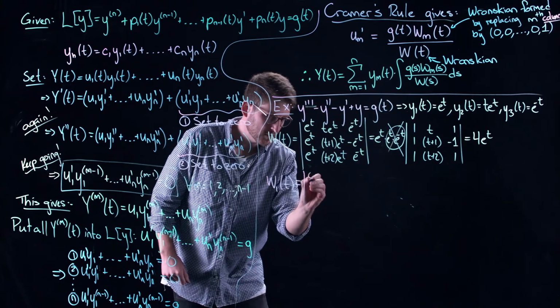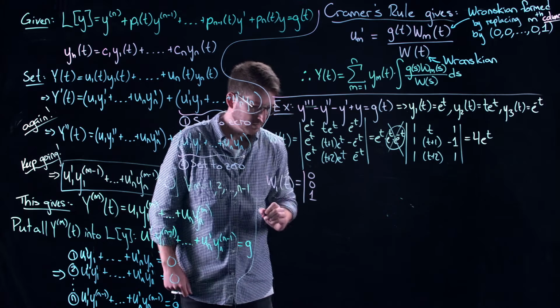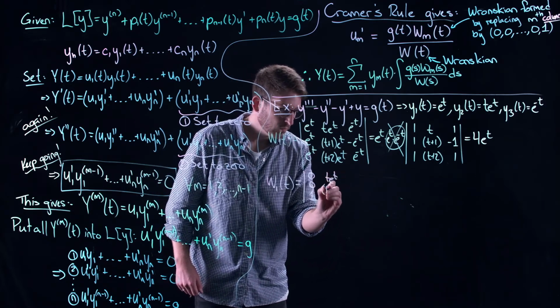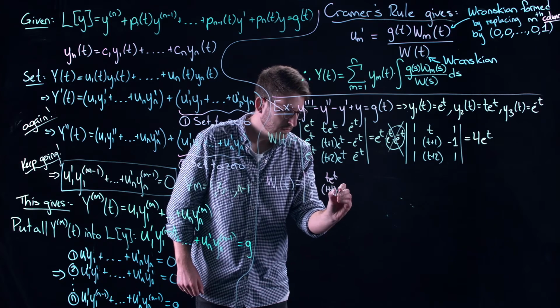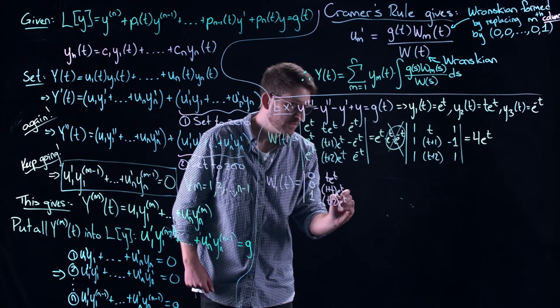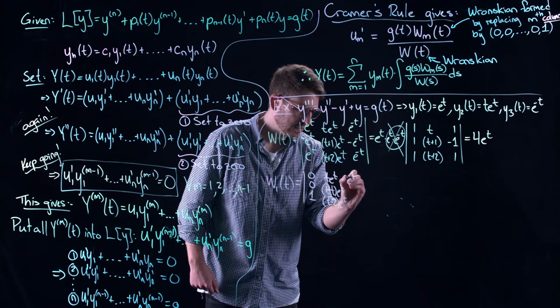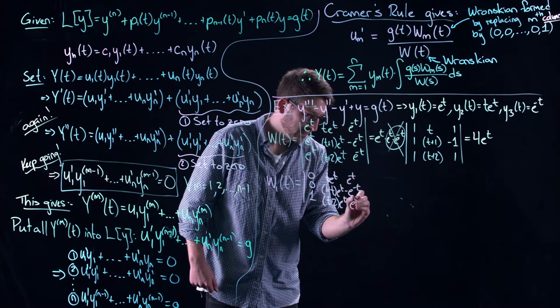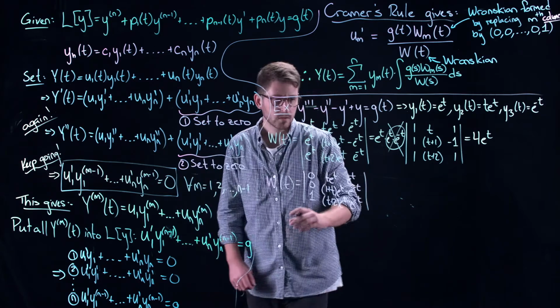So that means 0, 0, 1, and then the rest of it stays as is. e to the t, 1 plus t, e to the t, and t plus 2, e to the t, and then e to the minus t, minus e to the minus t, and e to the minus t.